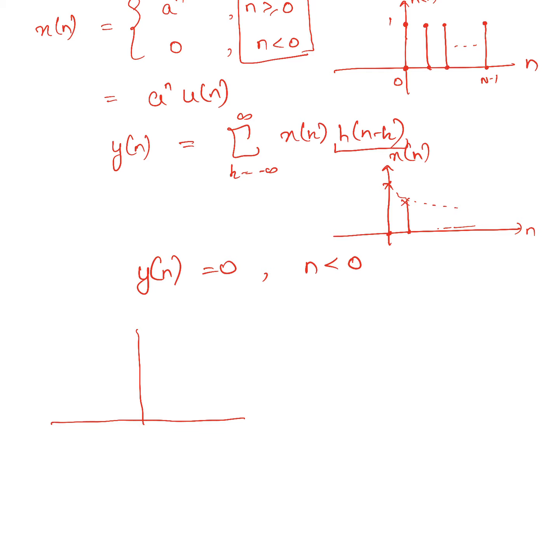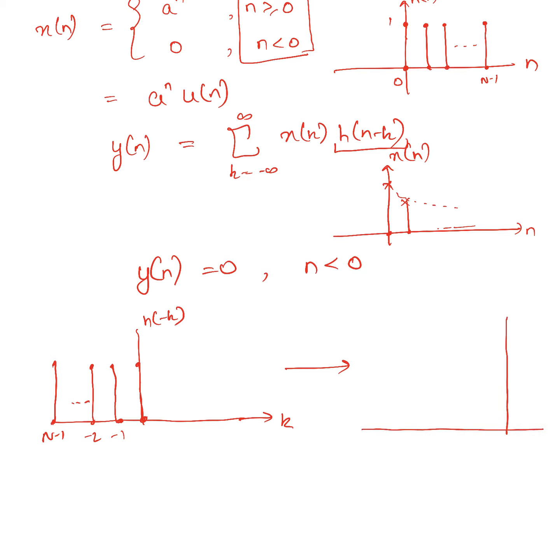So your h of minus k, if I change the axis to k, would be starting from the left hand side, -1, -2, up to n minus 1. Okay, now I will shift it by adding plus n.